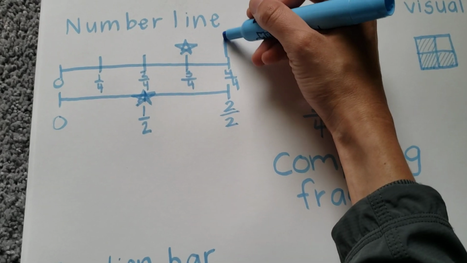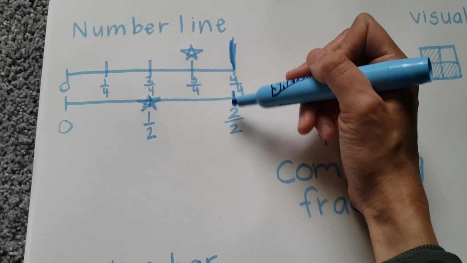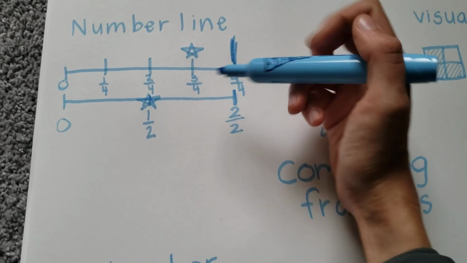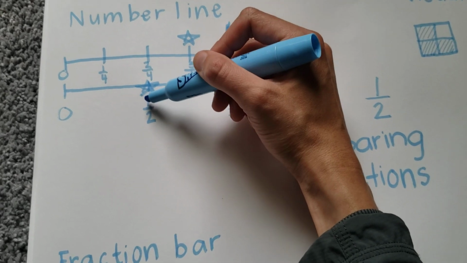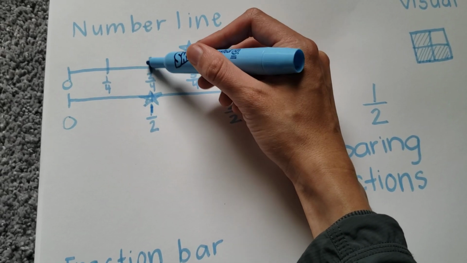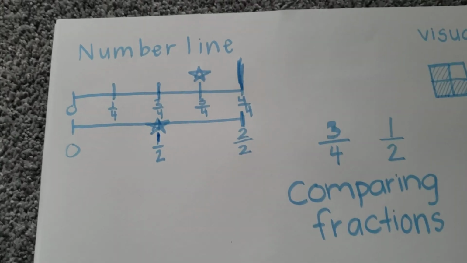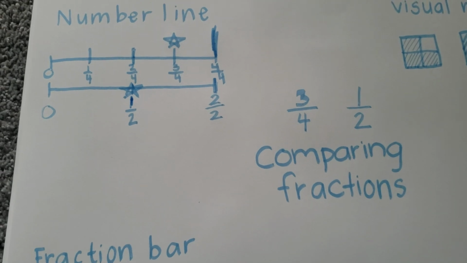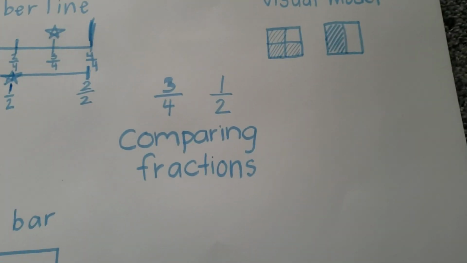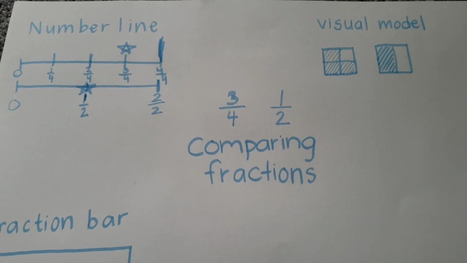I can see that the wholes line up because they're equivalent or equal. I can see that 2/4 lines up with 1/2 because they're equal. And I can also see that if these two line up, then this one must be bigger than 1/2. So I'm noticing from this number line and this visual model that 3/4 is greater than 1/2.